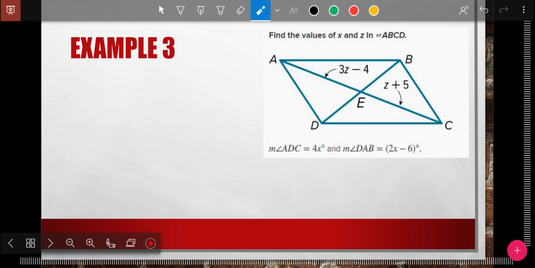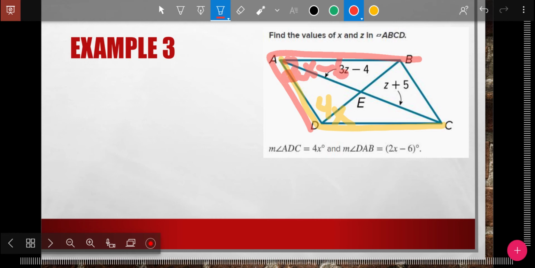So X first. X is down here. ADC. Where the heck is ADC? ADC is this angle. So that angle right there is 4X. DAB. Where's DAB? DAB is up there. So this angle up here is 2X minus 6.